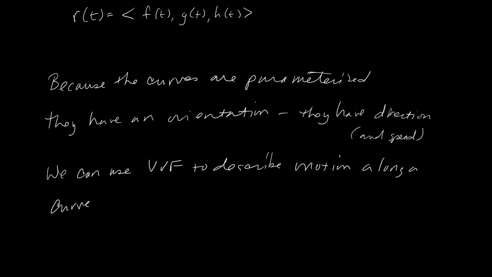All right, just because two vector valued functions represent the same curve does not mean they are equivalent functions. Let me give you an example of that. I'm going to give you two vector valued functions that represent the unit circle. Here we go.